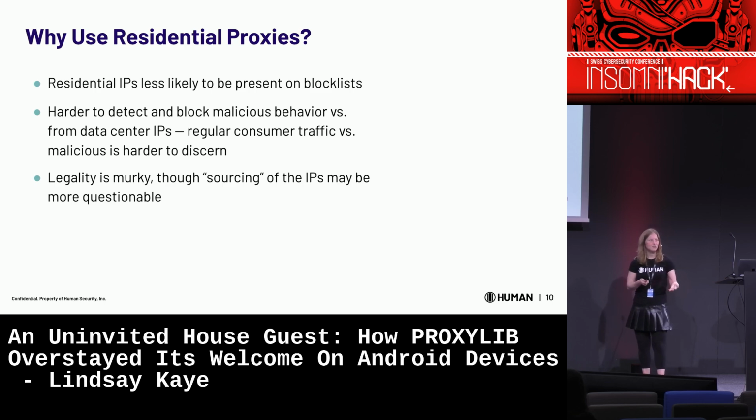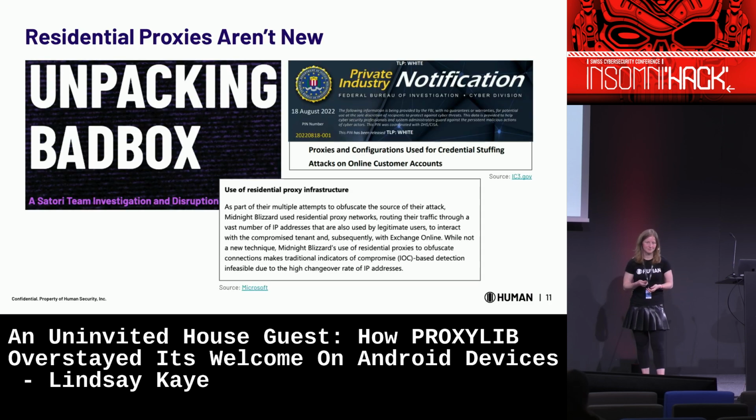You don't want to block your typical users or your customers from accessing your services when you're trying to root out malware and block it. So it's a little more challenging to do so. And finally, the legality of actually using them is somewhat murky. Generally, when you use those residential proxy services, the sourcing of the IPs is somewhat more questionable, and people are really not forthcoming, not surprisingly, about where they are getting their inventory of IPs.